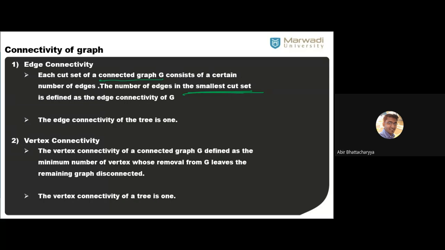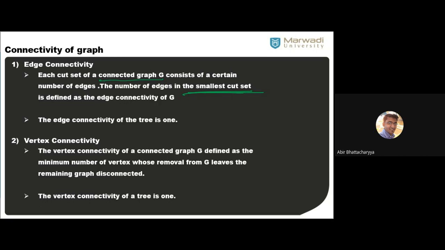For a graph, if I try hard removing vertices V1, V2, V3, V4, V5 one at a time, but cannot make the graph disconnected, then the vertex connectivity is not 1. So vertex connectivity is more than 1. So I have to remove 2 different vertices. I will try all possible combinations. Let's say V1 and V3.